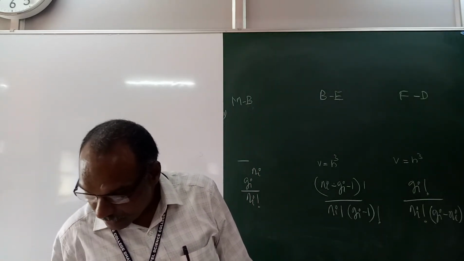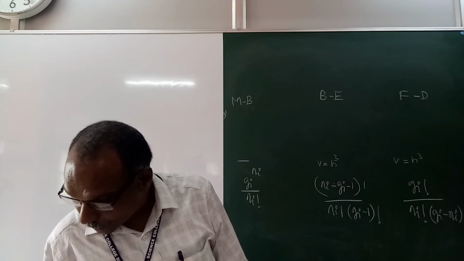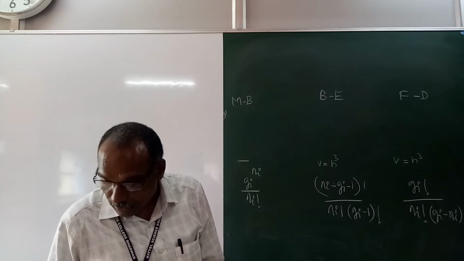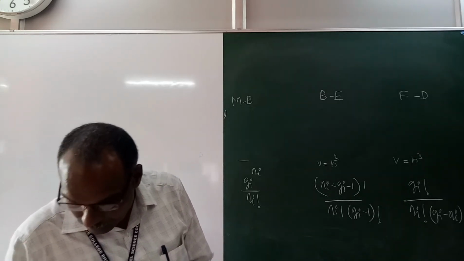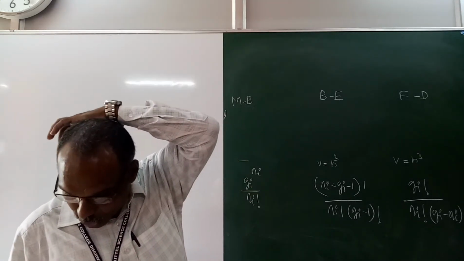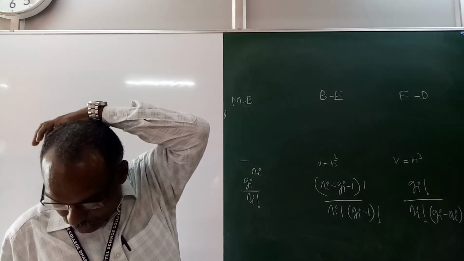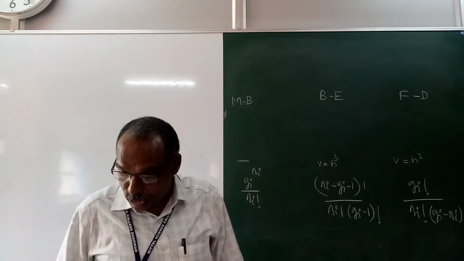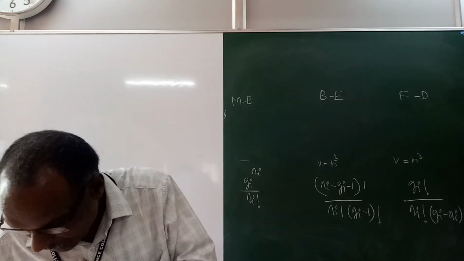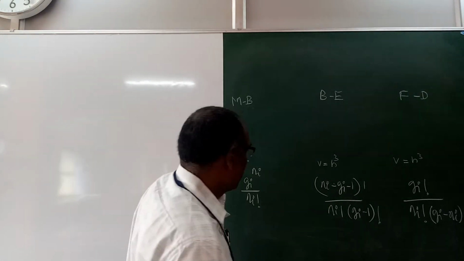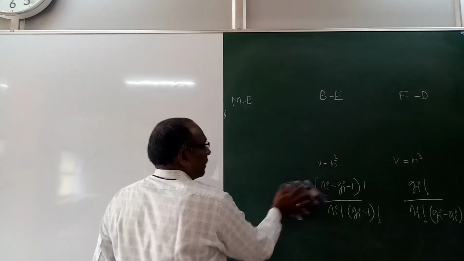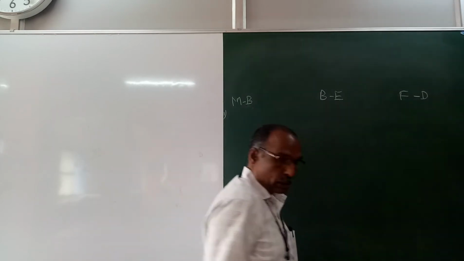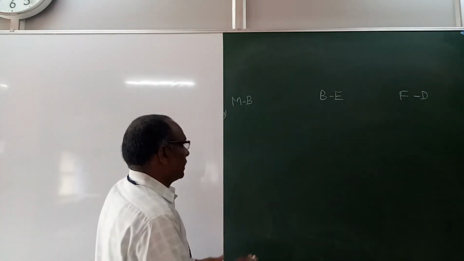Let me take a simple example here. Find the number of ways in which 3 bosons may be distributed in 4 cells.